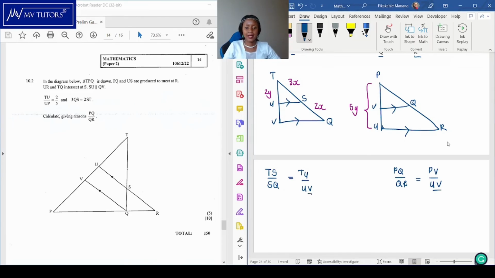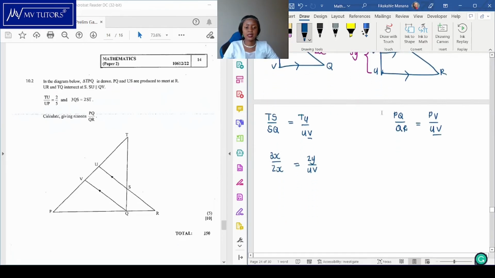I know TS is 3x, SQ is 2x, TU is 2y, and UV I don't have anything for at the moment, so I'll write everything in terms of UV. The x's cancel, and I multiply UV to that side. So I have 3UV over 2 is equal to 2y. I take the 2 to the other side, so I have 4y divided by 3. So UV is equal to 4y over 3.